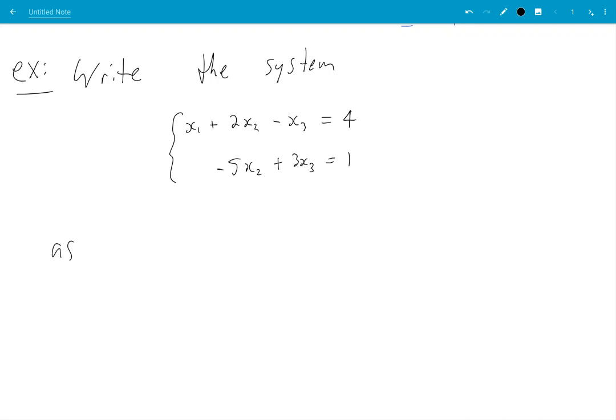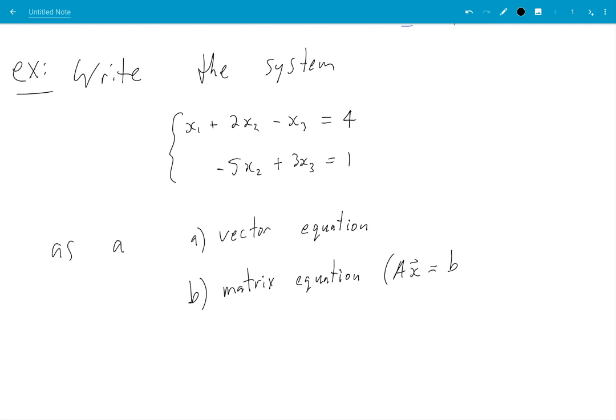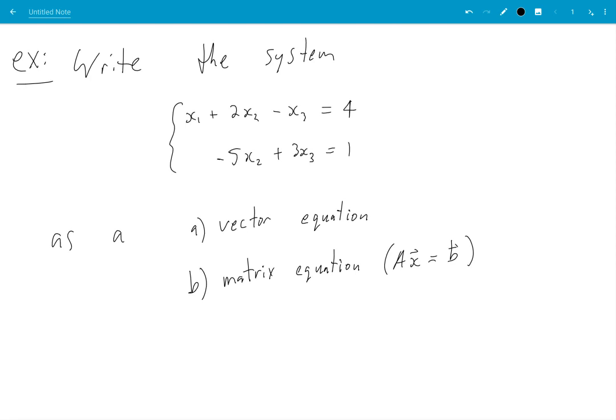Write this system as a vector equation, and then as a matrix equation. What we mean is in this form, Ax equals b. Okay, so we'll do that.